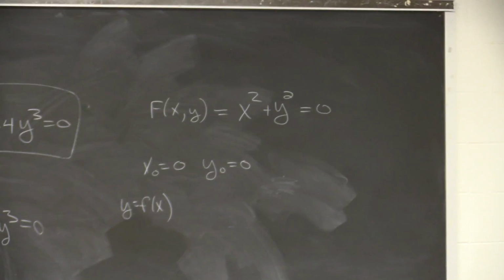The domain, the value of x that satisfies that equation is x equals 0. So that's a single point. So what we want is a function that'll give us the value of y for different values of x in the neighborhood around x of 0.